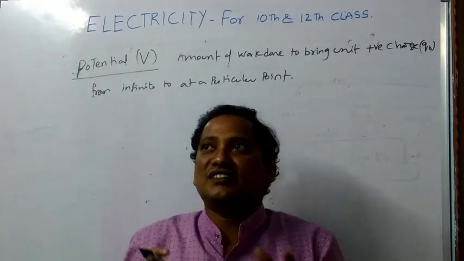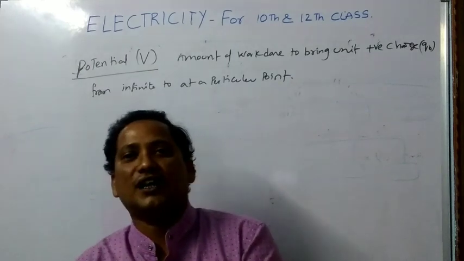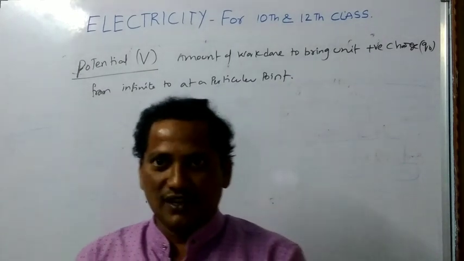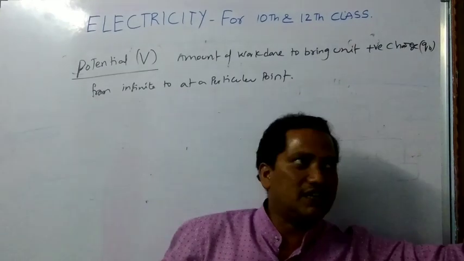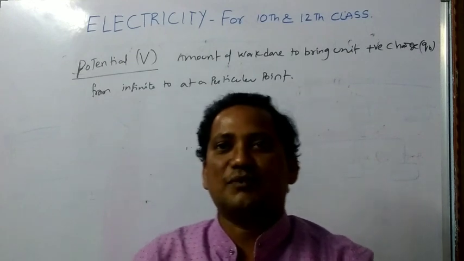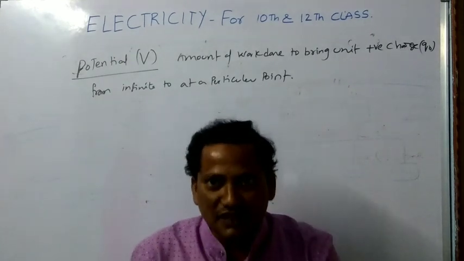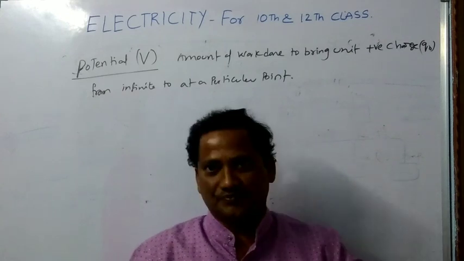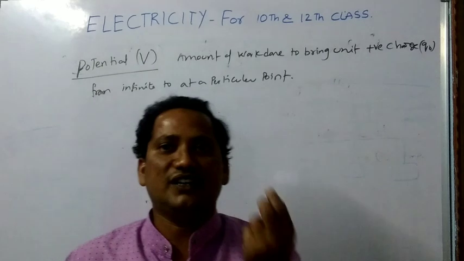Within the lab, each and every particle can be considered finite. Just outside the lab, outside the building, outside our classroom, can be considered infinite. Infinite means outside the lab, and finite means inside the lab. That is the basic difference between infinite and finite.